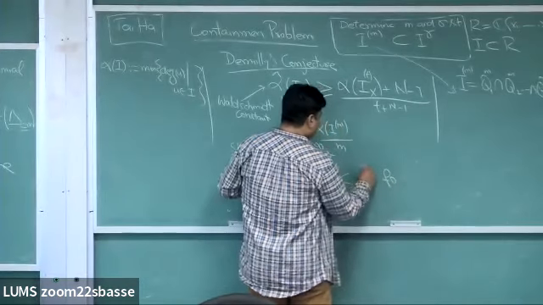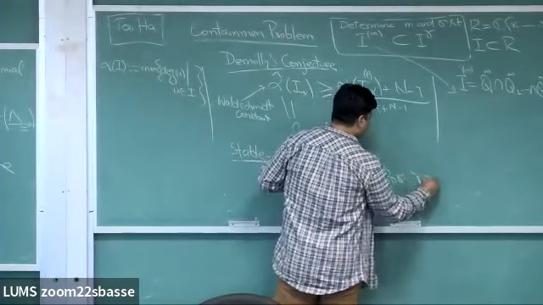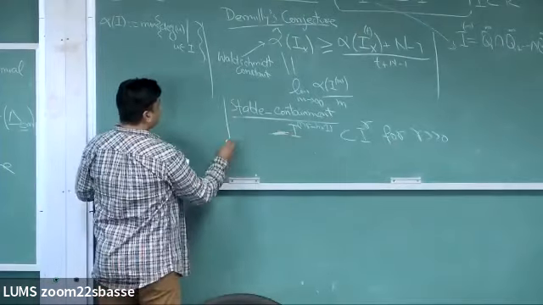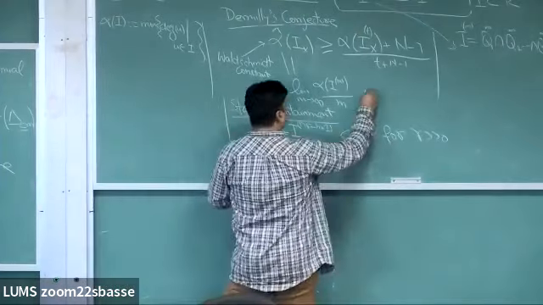So I^(m) contained in I^r for m very, very large. And this is a kind of stable containment, which simply implies de Mailly's conjecture and these kinds of problems.